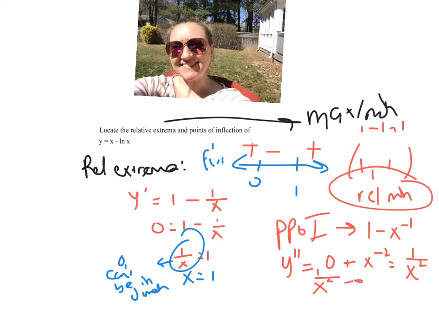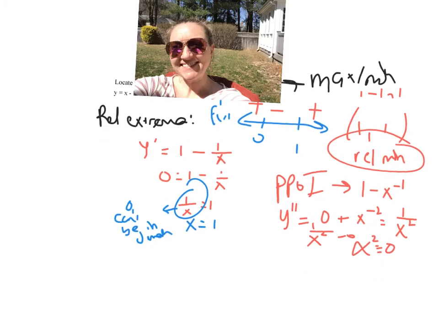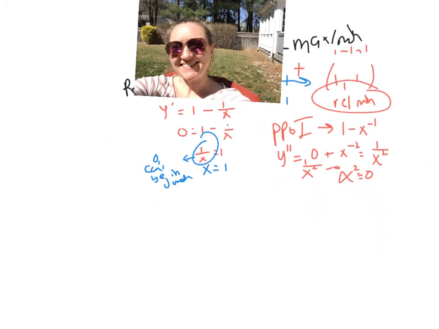Remember, you're looking for where your second derivative is 0 or undefined. So where this is actually undefined is at x squared equals 0, which is x equals 0. So when you check that, you have to put it on your number line, right?